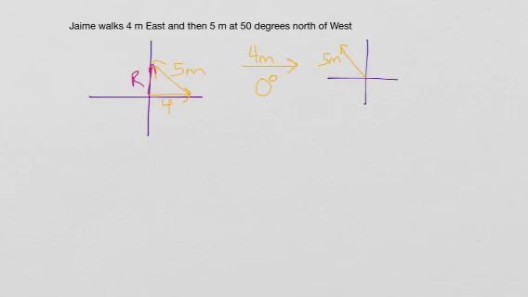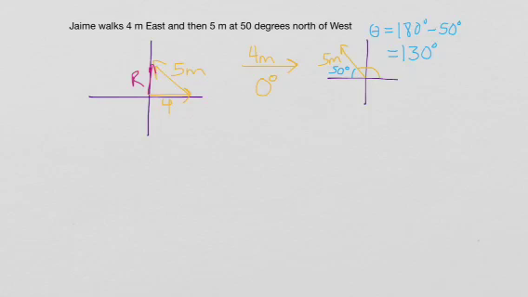But I want this angle from the positive x-axis going counterclockwise. So if I know that this is 50 degrees, I know that my angle theta in this case is going to be 180 degrees minus 50 degrees, which is 130 degrees.